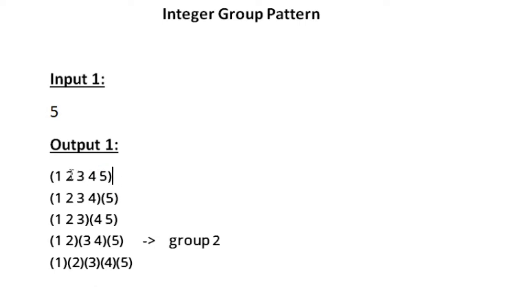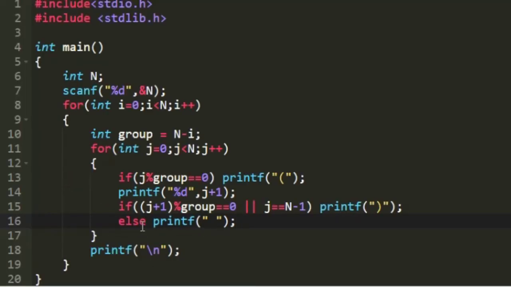So after printing an integer, if we are going to print a closing parenthesis, then we are not going to use space, or else we will be using a space. So that is what we are doing here. We will be printing the integer without any space, and then if we are going to print a closing parenthesis, then again we will print the closing parenthesis without any space, or else we will print a space. So when we do like this, we get our desired output pattern.